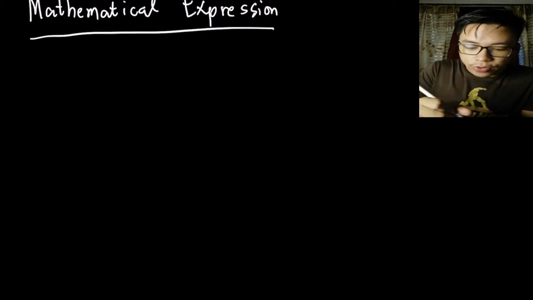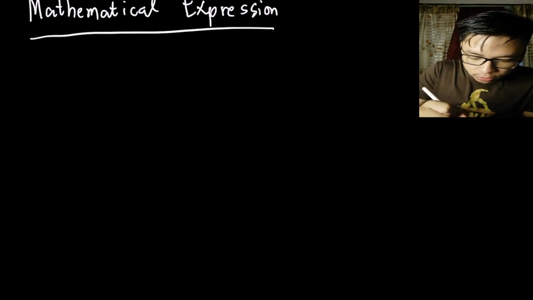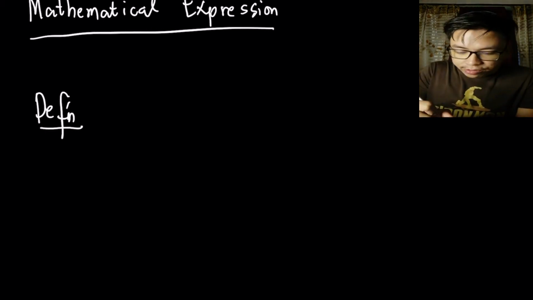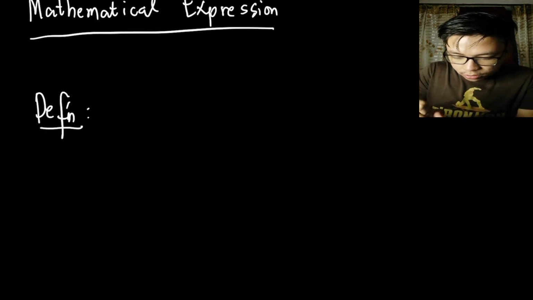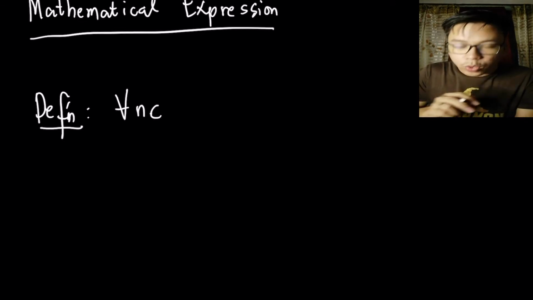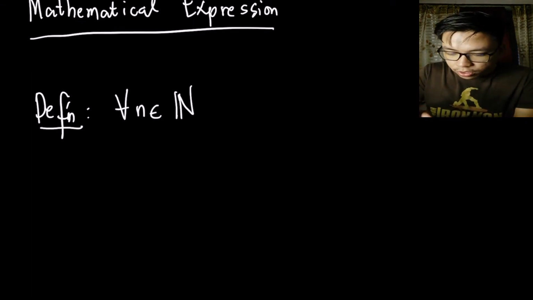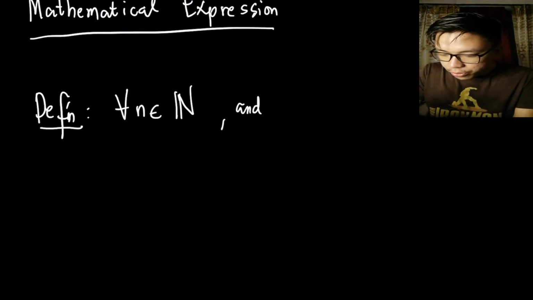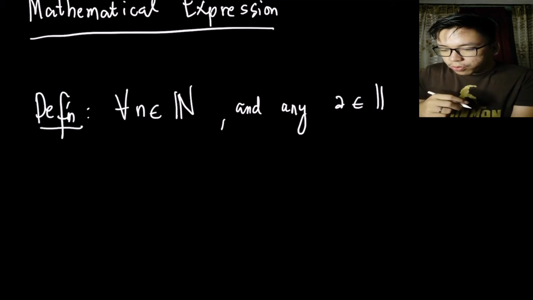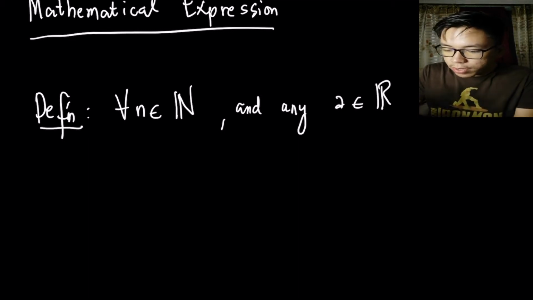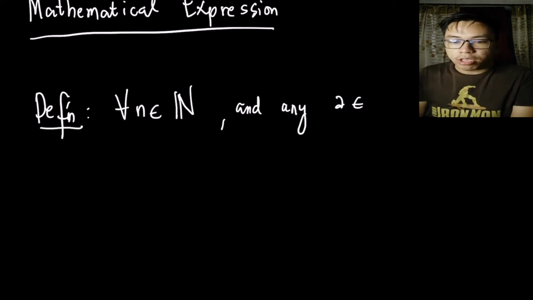Anyway, I will introduce a certain definition here. For every n, given that your n here is a natural number, and any number a, let's say that our a here is an element of R. To be general, I don't consider R; instead, I consider any field.